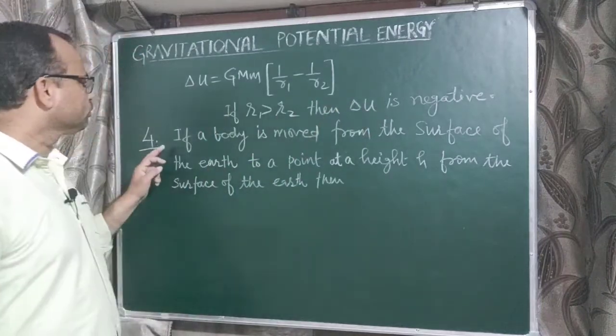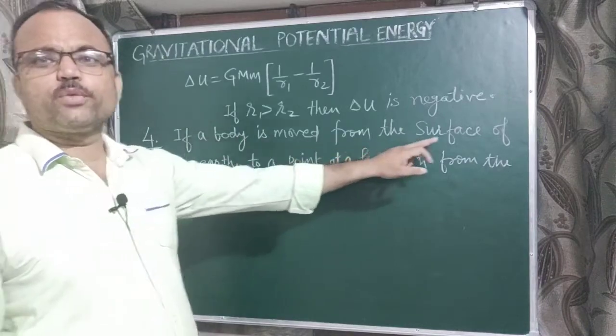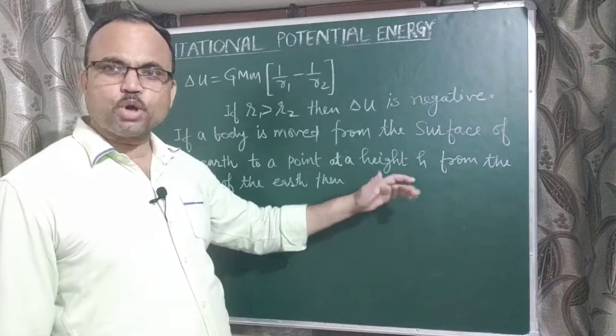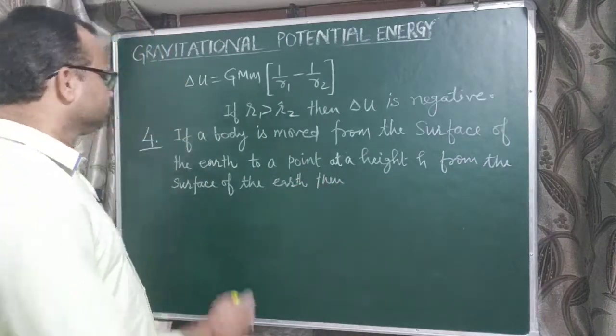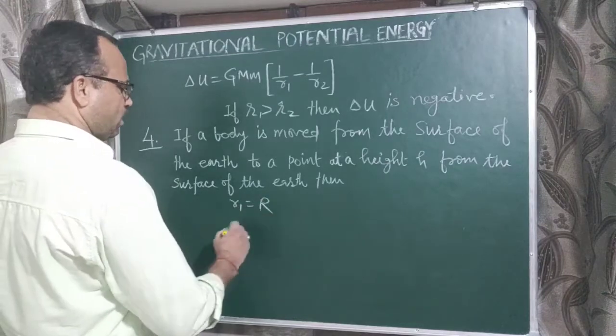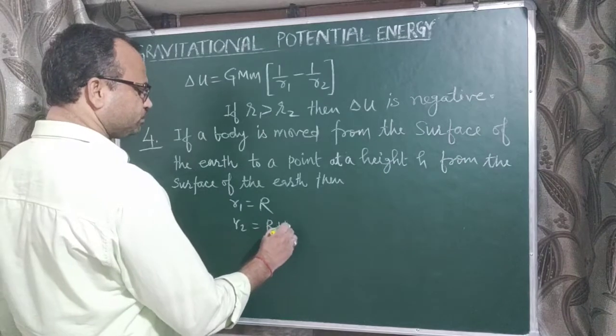Now in the fourth part, if a body is moved from the surface of the Earth to a point at a height h from the surface of the Earth, then r1 equal to capital R and r2 equal to R plus h.